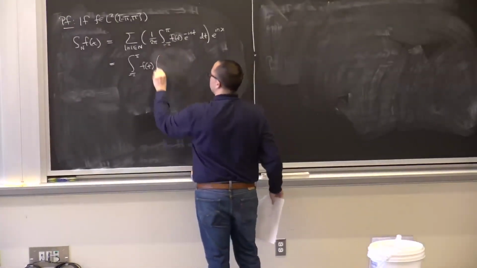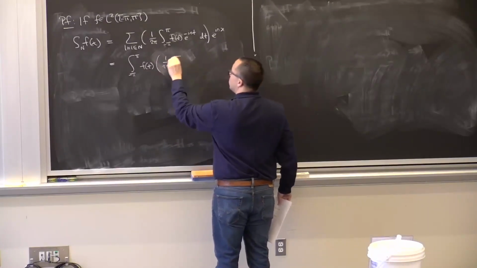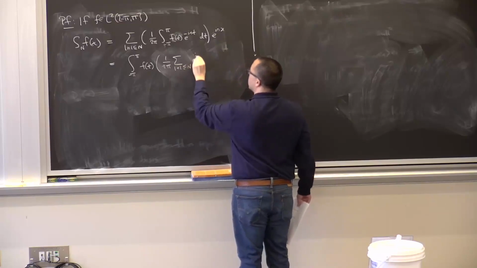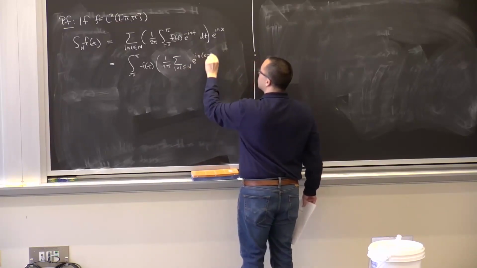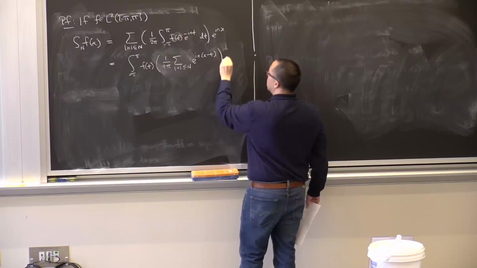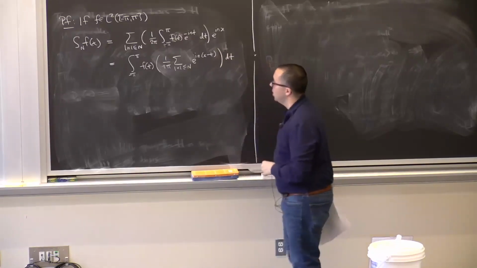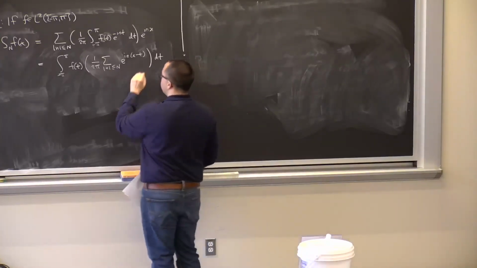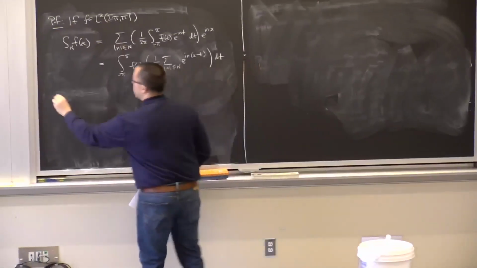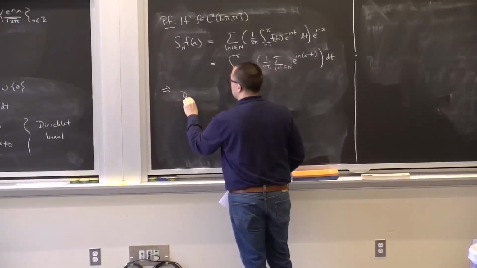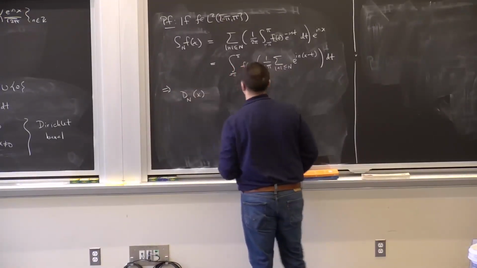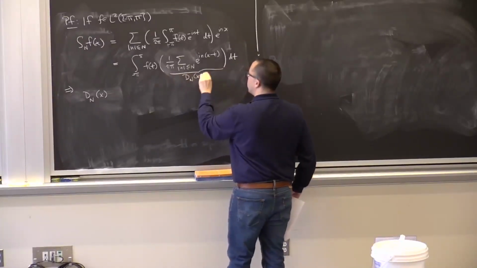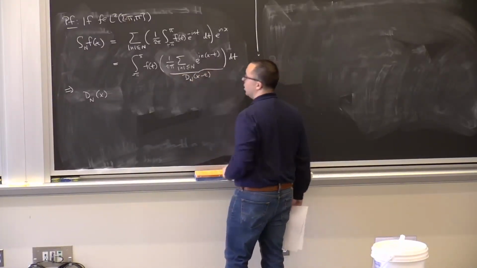This is equal to now the sum times e to the i n x minus t dt. Okay? So this is D_N, all right? So call this thing D_N of x minus t appearing there.